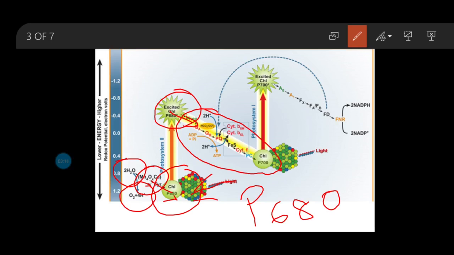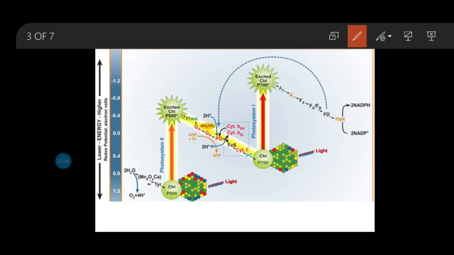At first the electron moves to pheophytin, then to plastoquinone, and then the electron is transferred to cytochrome b6f and then PC, meaning plastocyanin. After reaching plastocyanin, the electron moves to P700. Now see here the PC, that is the plastocyanin, and after that the electron is moving to P700.